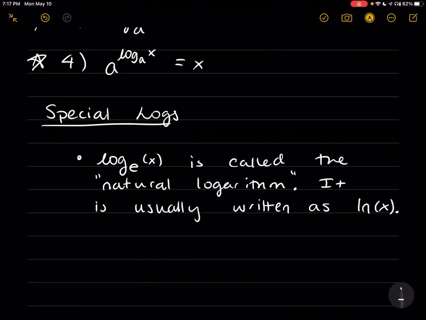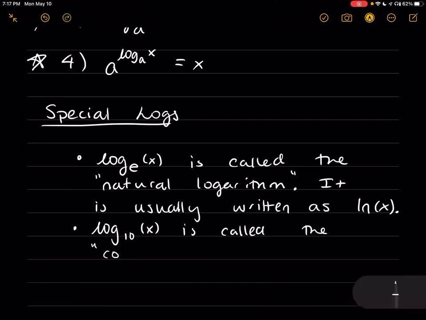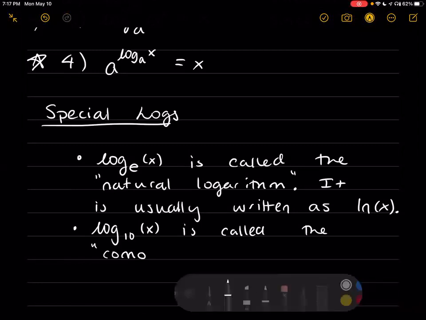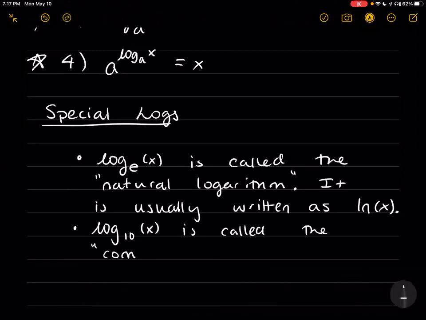They usually write it ln. The other special log, just a little less useful, but still good to know, is log base 10 of x. And this is called the common logarithm. Oh my gosh, I can't spell.